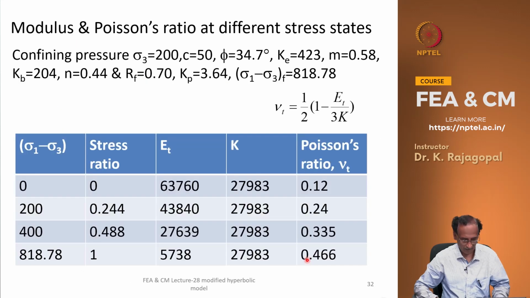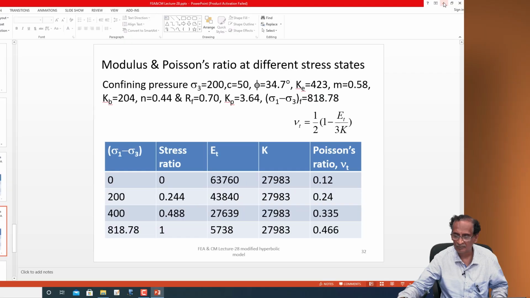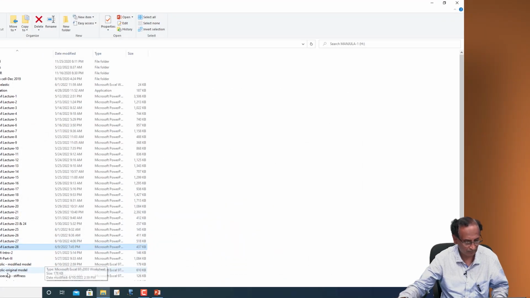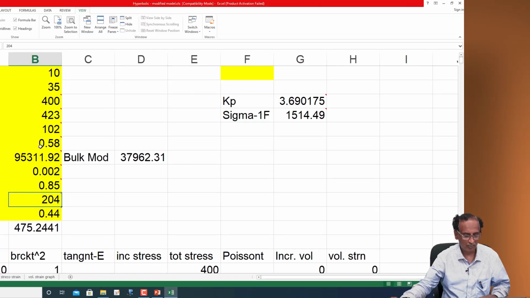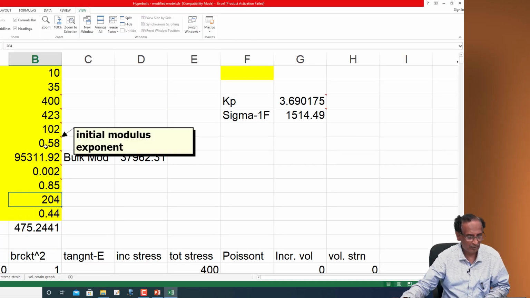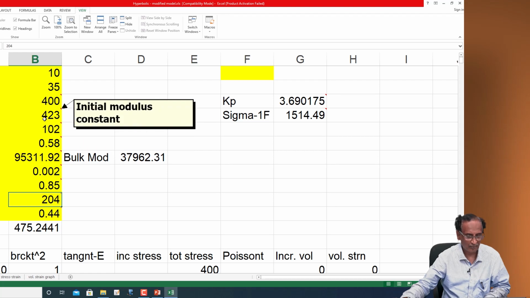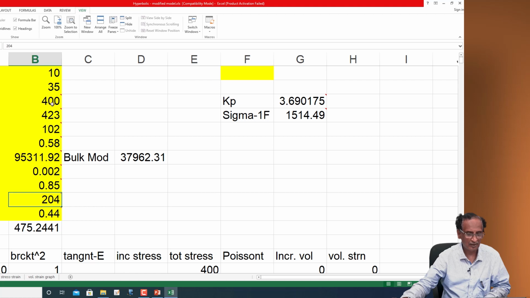So, actually let me show you the Excel spreadsheet program for the modified hyperbolic model. In this modified hyperbolic model, we have more parameters. The C and phi are the shear strength parameters.